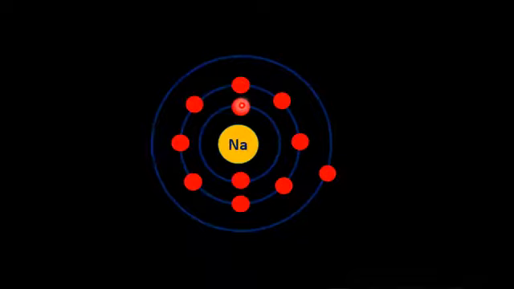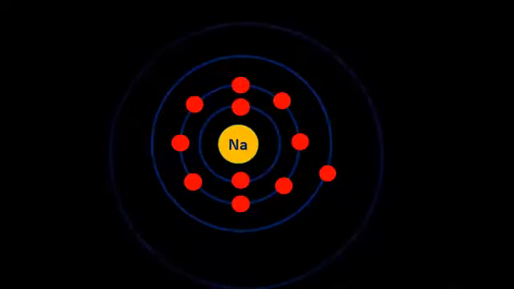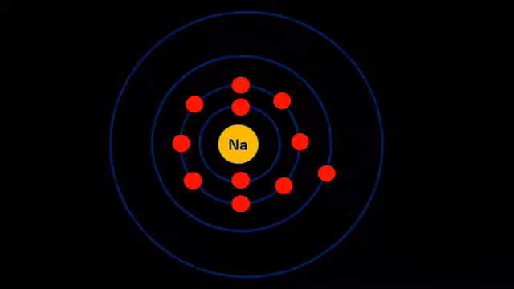Now dear students, the electrons in a sodium atom move around the nucleus in certain orbitals, which may be represented by a schematic diagram.